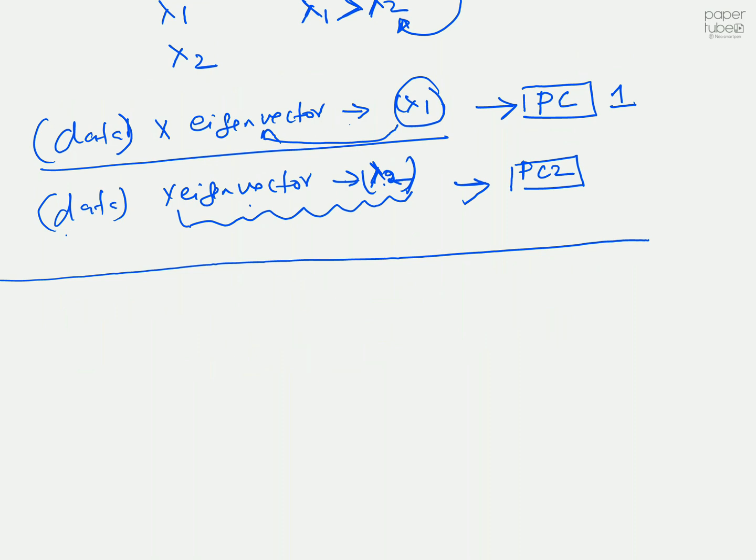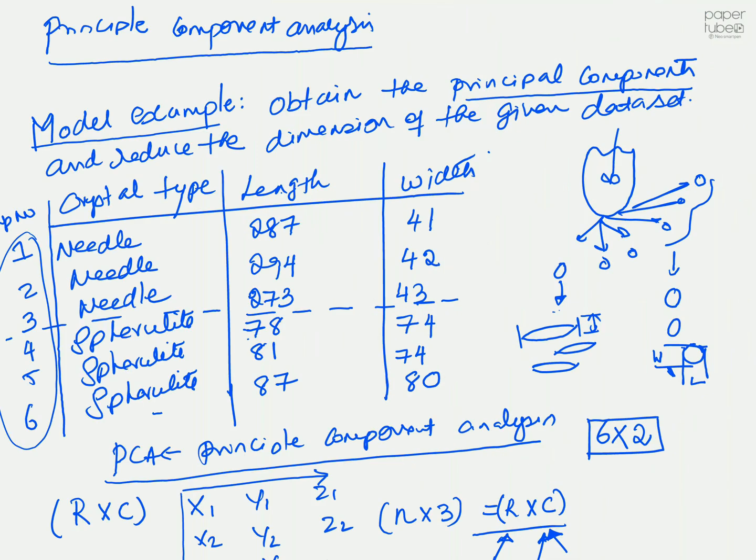So to solve the problem, first get the details. If we go back to the question, you have 6 samples, so our capital N will be 6, and then you have two variables, length and width.